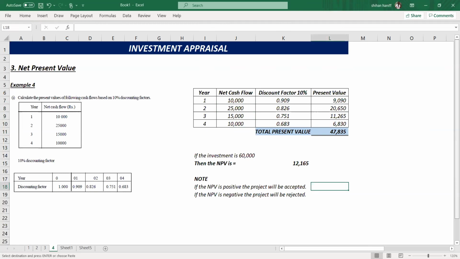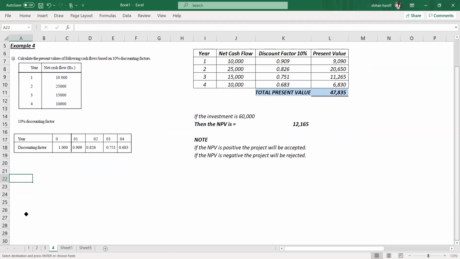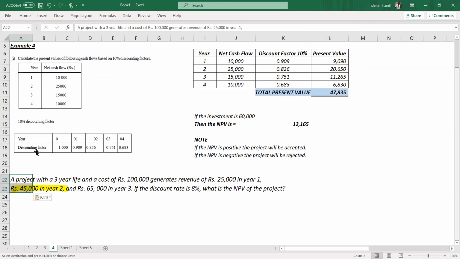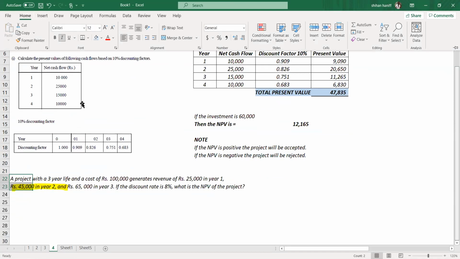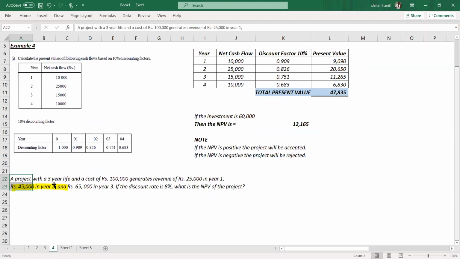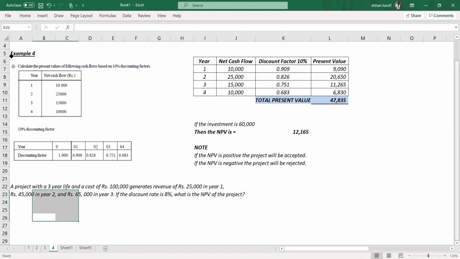Okay. I'll give you all another example. I want you all to find out the NPV. Example 5.